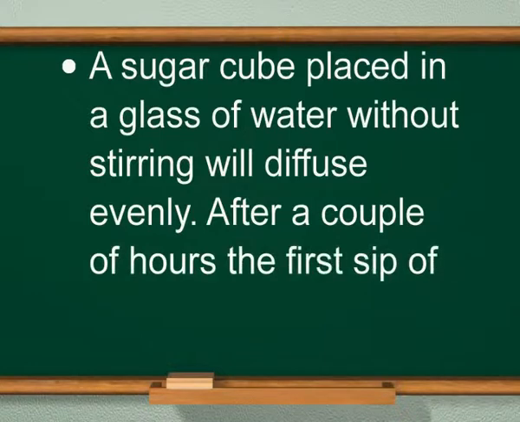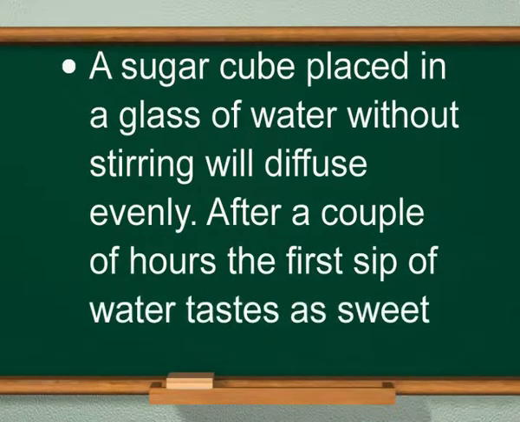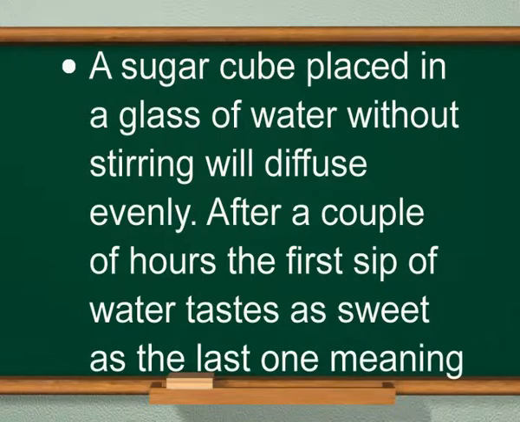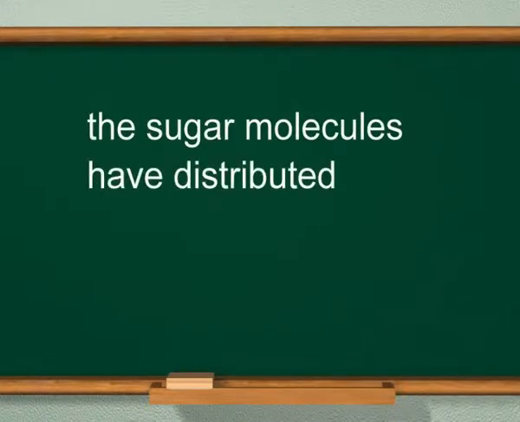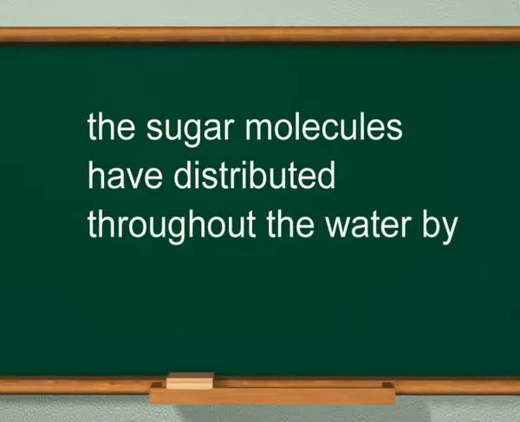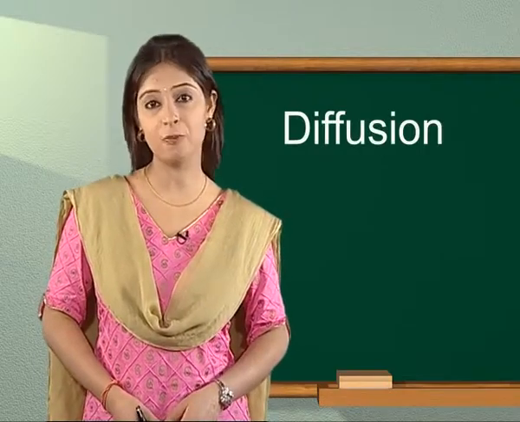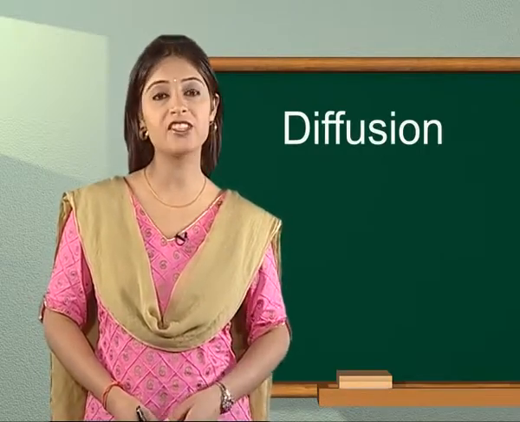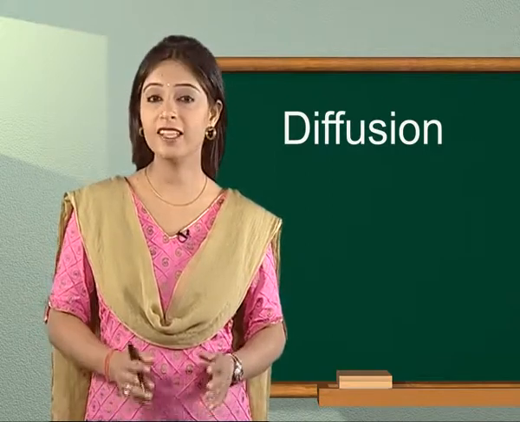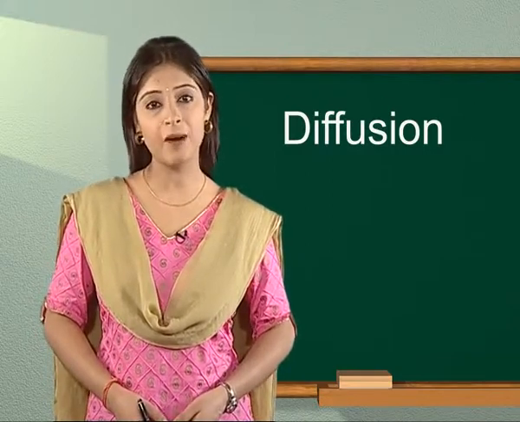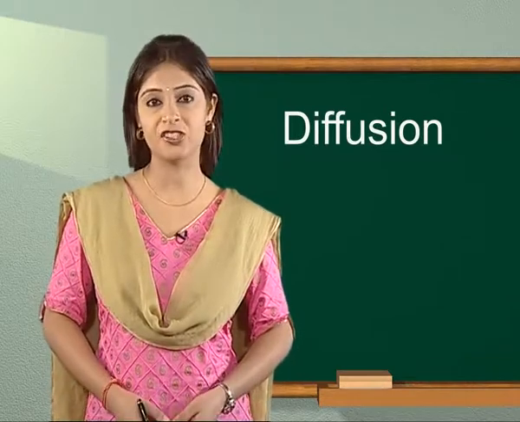After a couple of hours, the first sip of water tastes as sweet as the last one, meaning the sugar molecules have distributed throughout the water by diffusion. Diffusion is said to be a passive process as no energy is required. The natural kinetic energy of the particles supplies the energy.